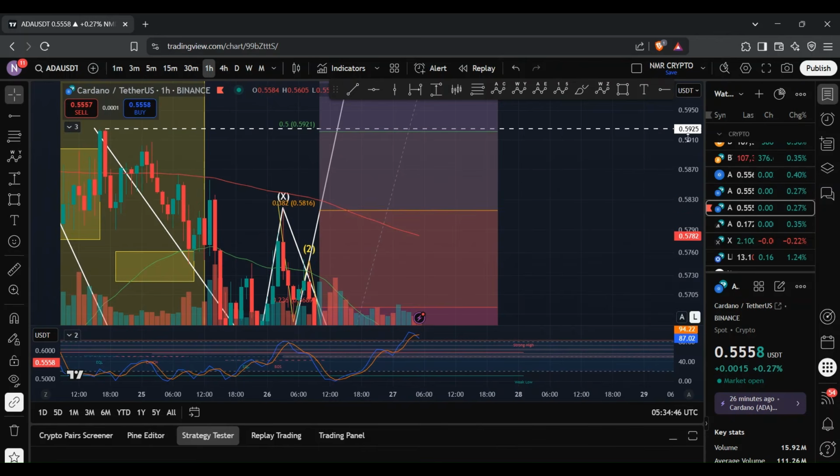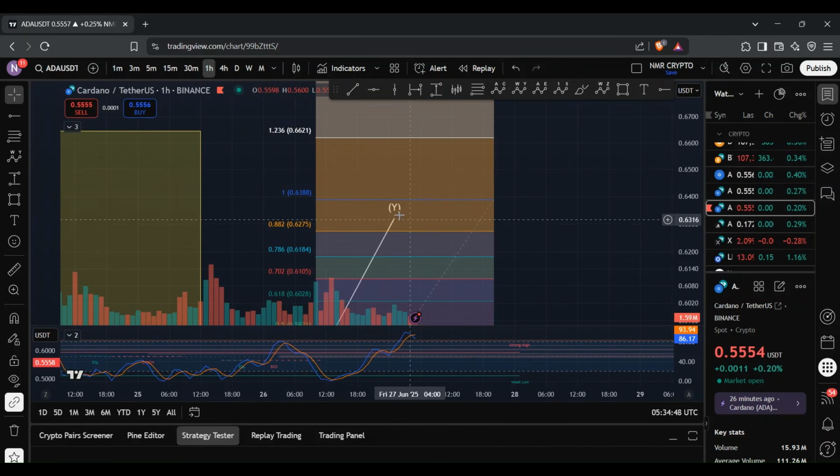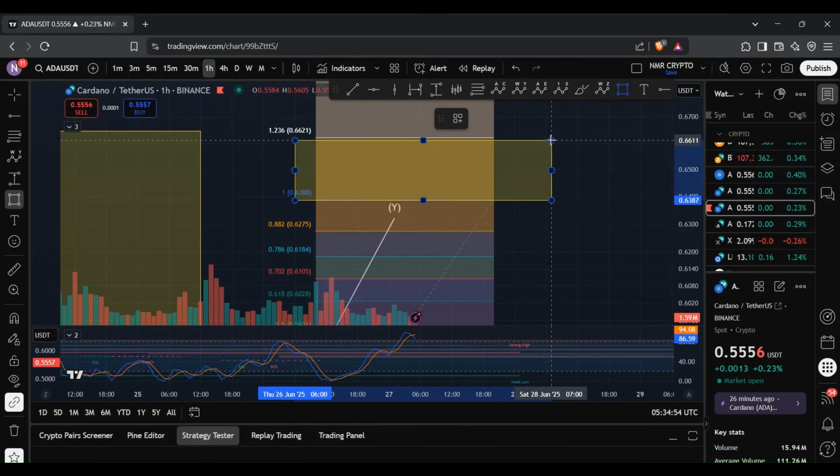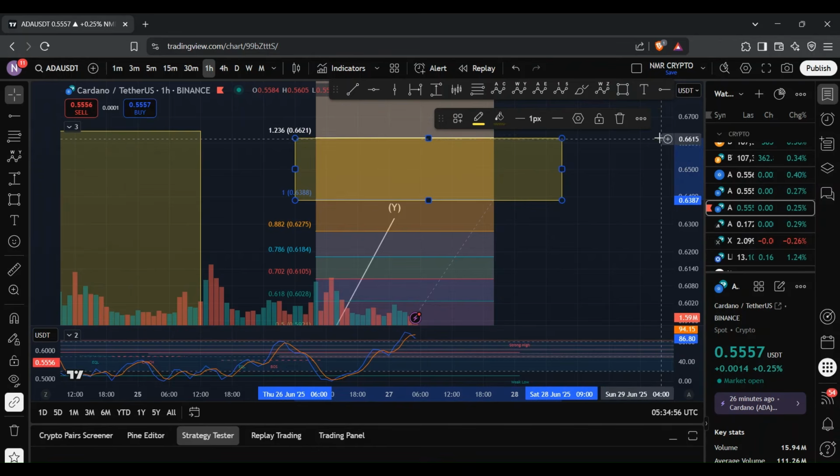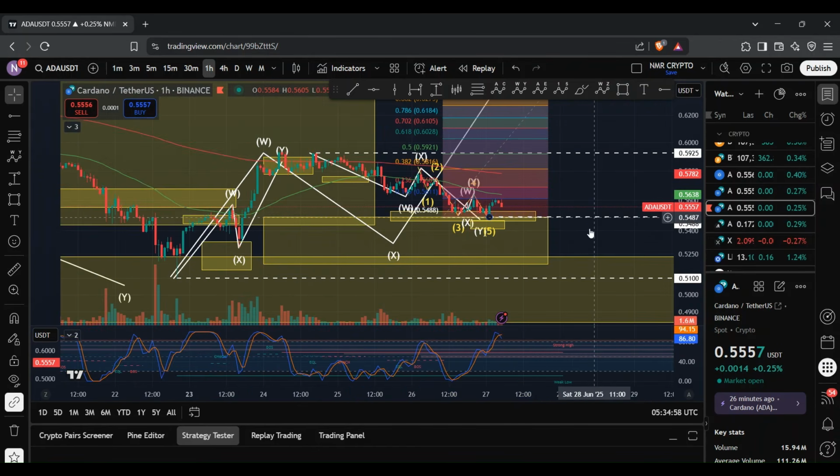So that wave Y would then reach anywhere between 63.88 cents to 66.21 cents. So this will be the next target, assuming that we've completed the X wave on ADA.